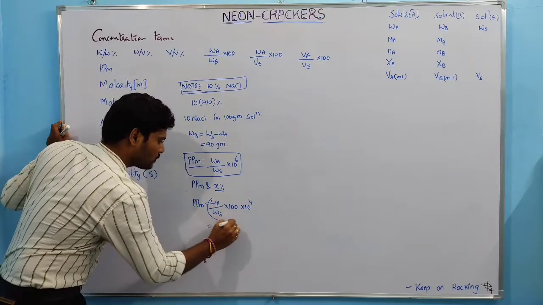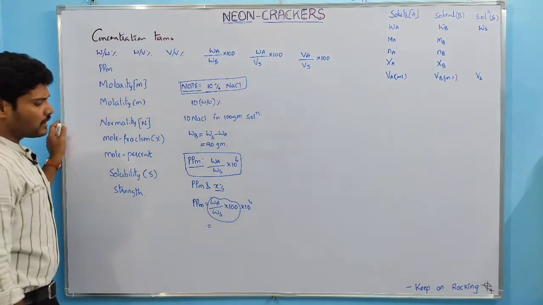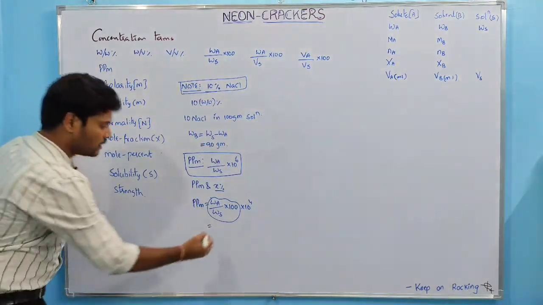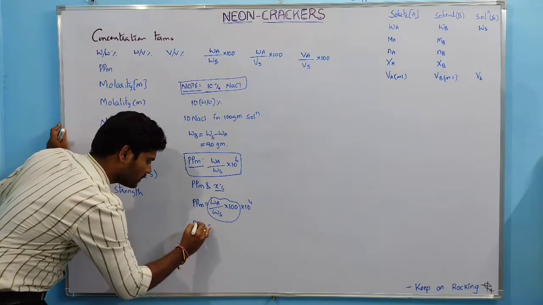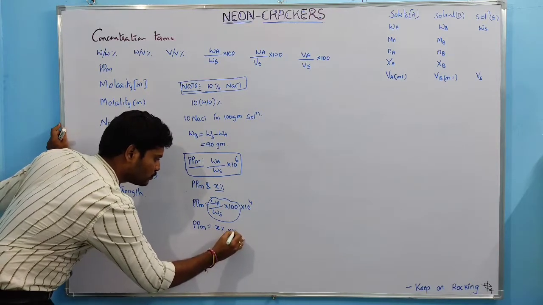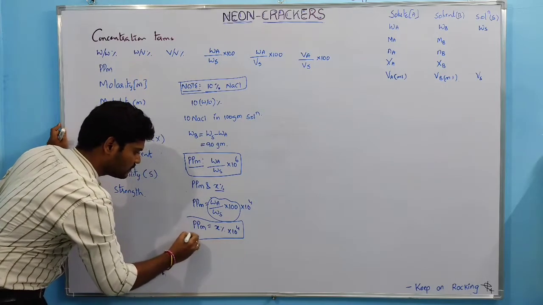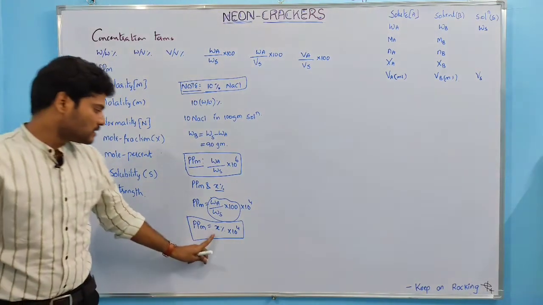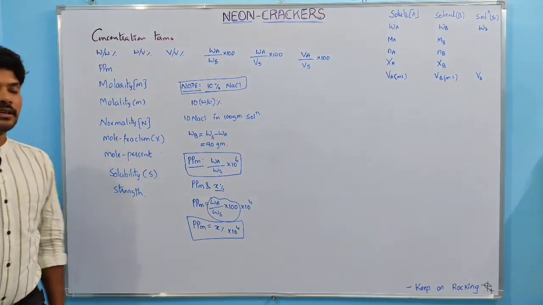And Wa upon Ws into 100 is termed as weight by weight percent, beta, which is indicated by x. So the relation is: ppm equals x percent into 10 to the power of 4. This is the relationship between ppm and x percent, right?